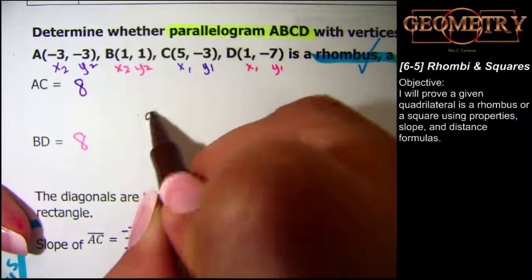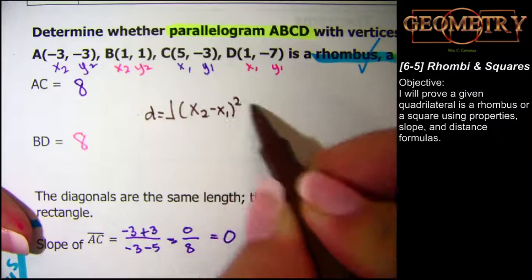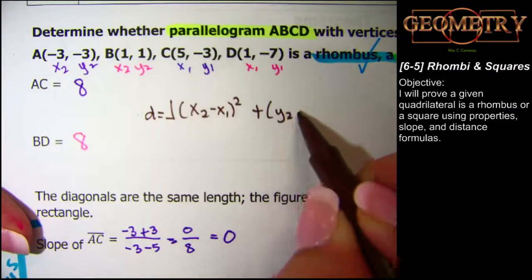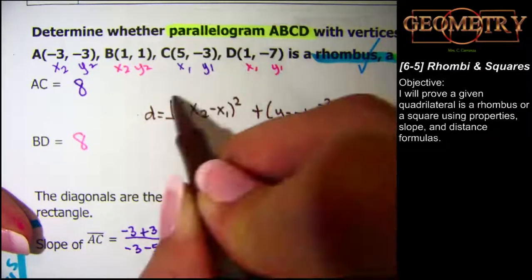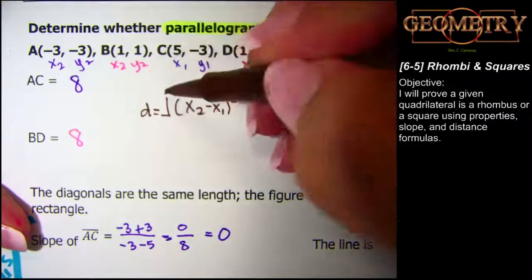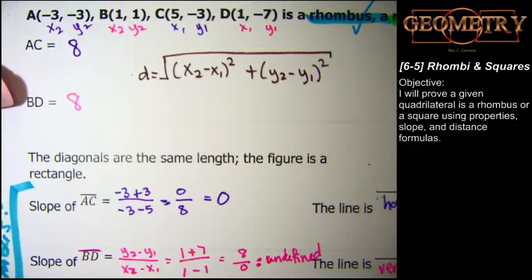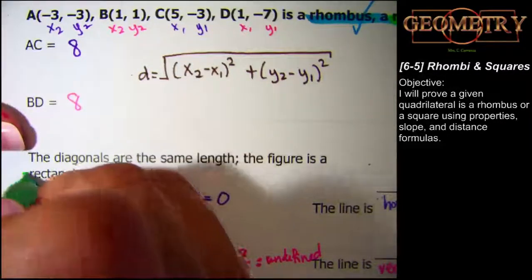Otherwise, I'd have to use the distance formula, which is that. Okay? Lucked out, because it was on the grid lines, I could just count. But because they're the same length, this thing is a rectangle.